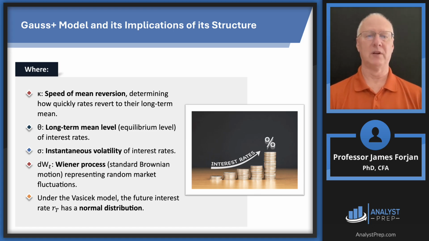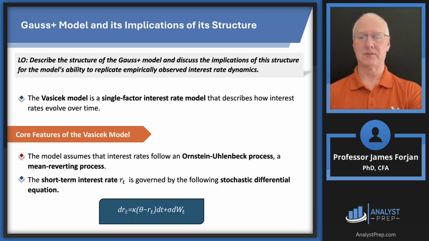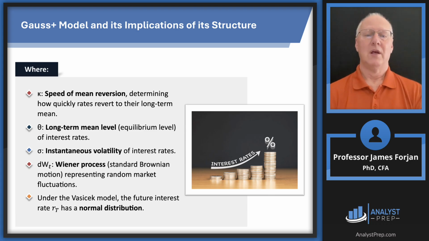A couple of things that are interesting about this is that we've got this Brownian motion process, the Wiener process, which is, going back to this OU process, which tells us that we have random market fluctuations.